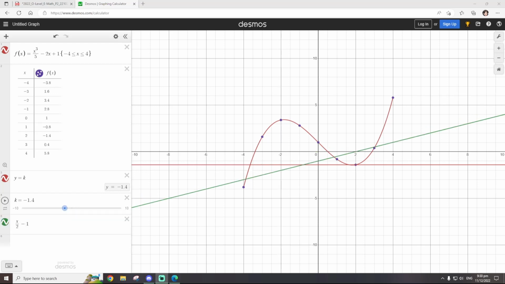And so the possible values that you will get are, you will probably read them to one decimal place. So minus 3.9, 0.85, and 3.05. I think those are the values that you'll be reading off.